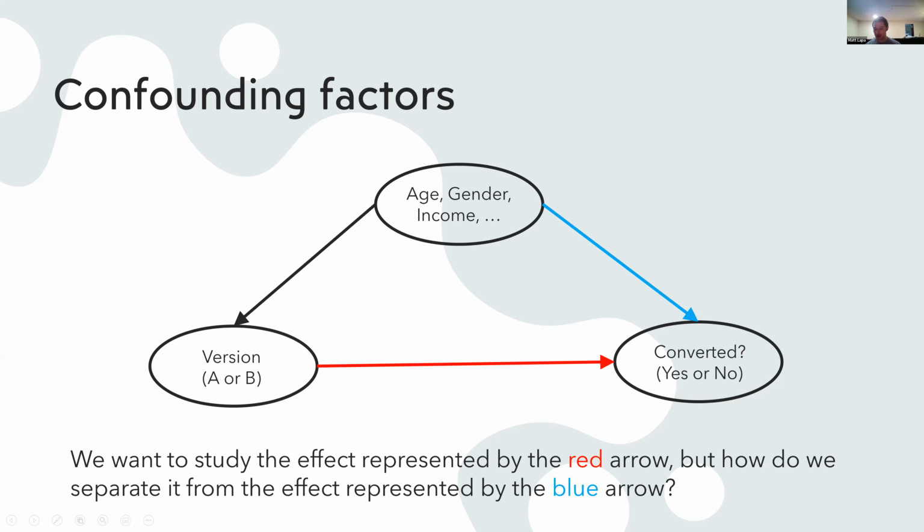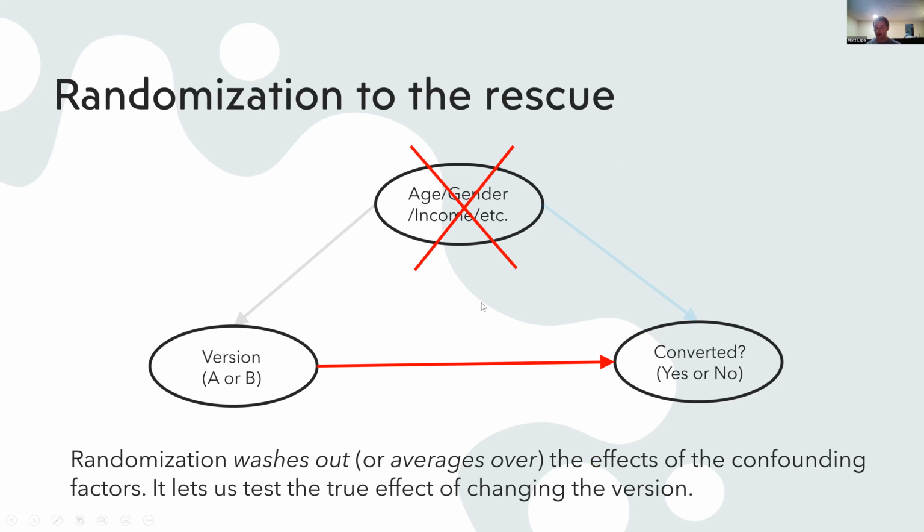In the kind of situations where you may have a design of some feature and some type of technology, be it a website or app or anything like that, the usual answer to this is you want to randomize. The randomization cancels out the effect of these confounding factors.